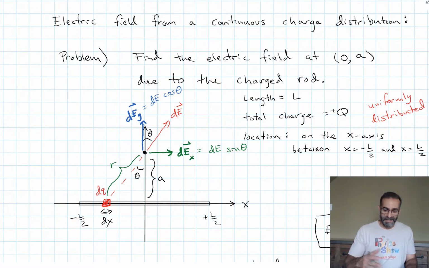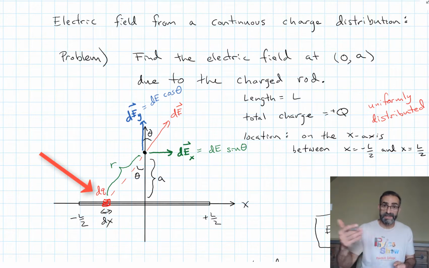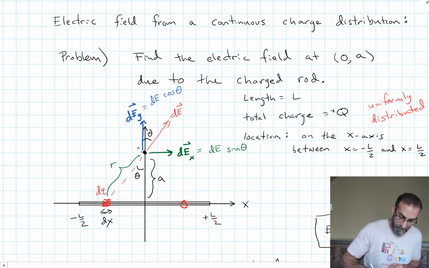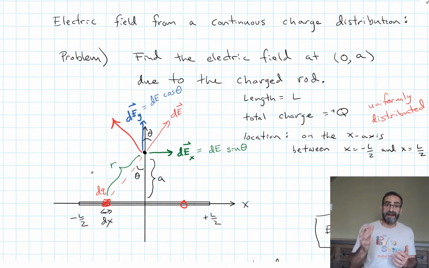Yes, because of the symmetry of the problem. For every dq that I drew on the left side that has an electric field pointing towards the right, there's one on the right side that has an electric field pointing the other way. Because our charge distribution is symmetric, all the x components will cancel out. So there won't be any E sub x in our final answer.